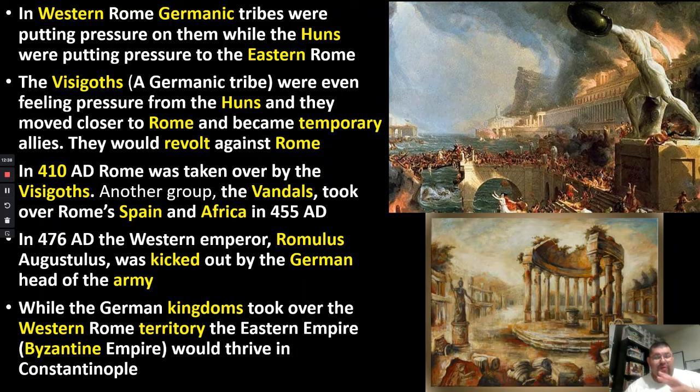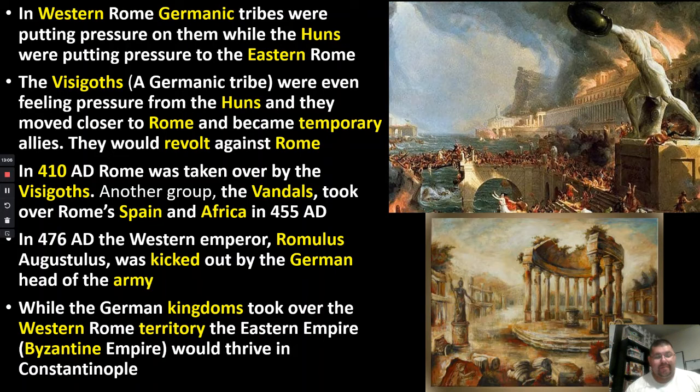These territories were owned by Rome, but now they had it. And by 476, the Western Emperor of Rome, Romulus Augustus, was quite literally kicked out of his kingdom by the head of the German army. He basically dragged him out and kicked him right out of his kingdom.